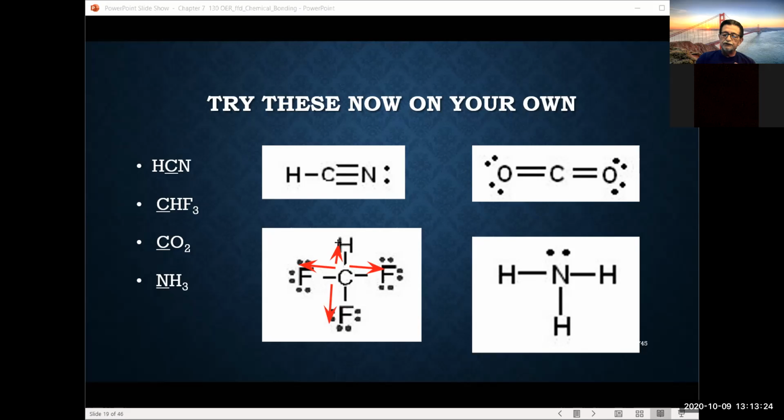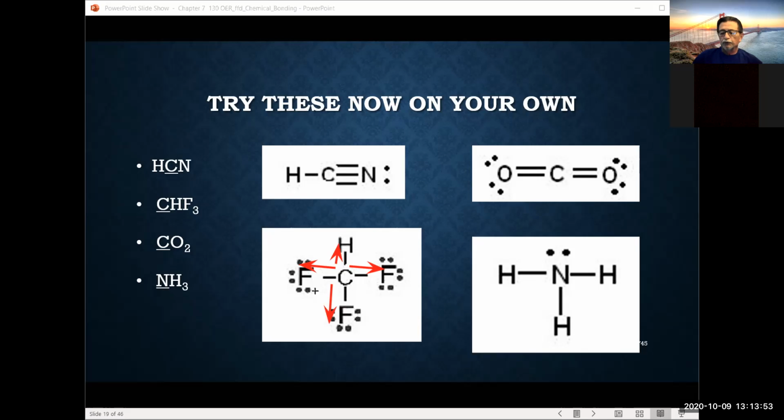Now, carbon-hydrogen, because there's no difference in electronegativity, results in what's called a non-polar bond because there's no net negative or net positive. The share is equal. Now, the general trend is this: when you have a molecule that exhibits all non-polar bonds, then the overall polarity of the molecule will be nonpolar.